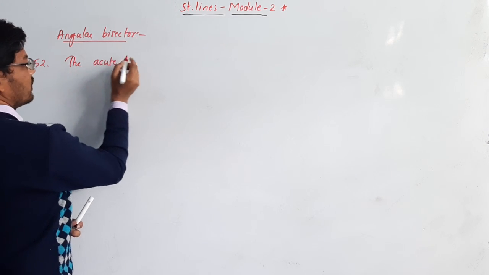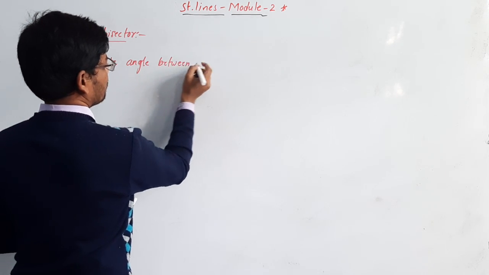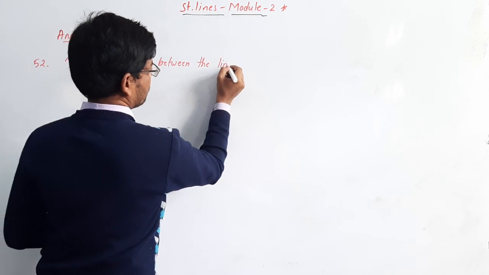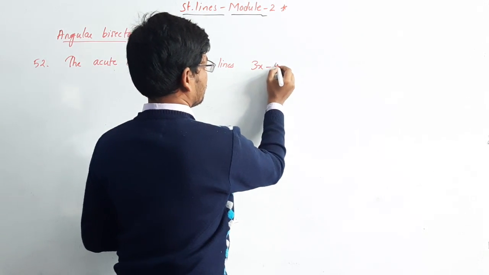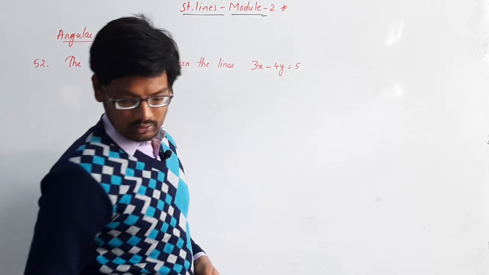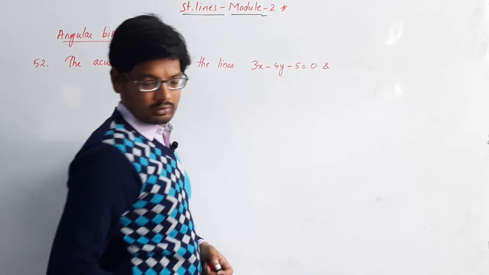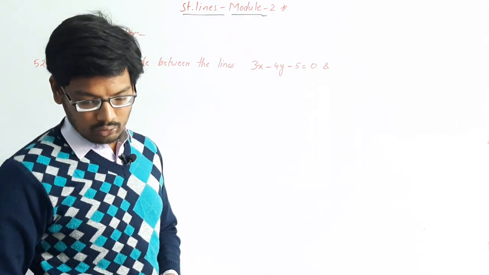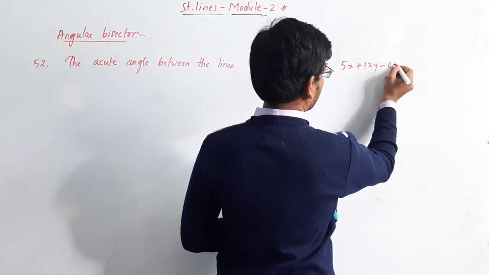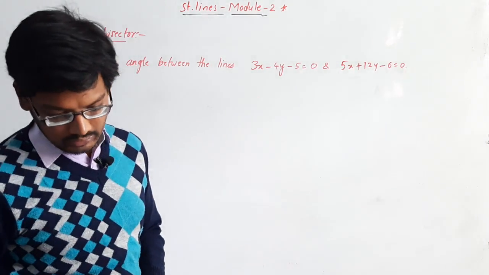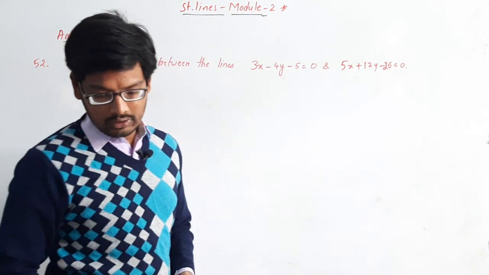The acute angle between the lines 3x minus 4y minus 5 is equal to 0, and one more line is given, 5x plus 12y minus 26 is equal to 0.